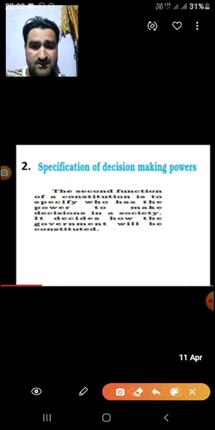The second most important function of the constitution at this level would be specification of decision making powers. The second function of a constitution is to specify who has the power to make the decision in a society. It decides how the government will be constituted.